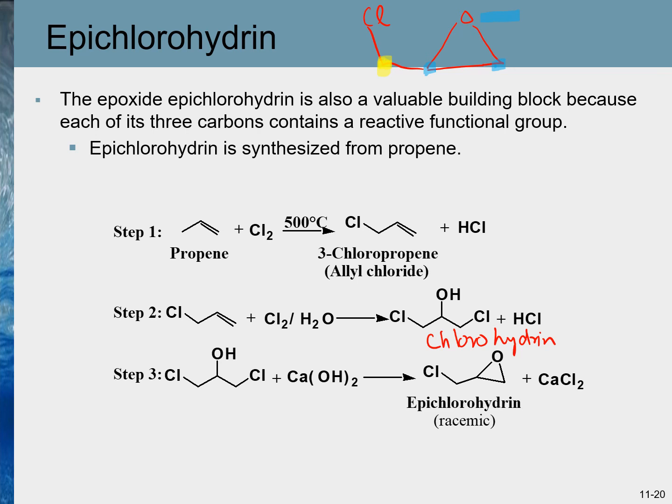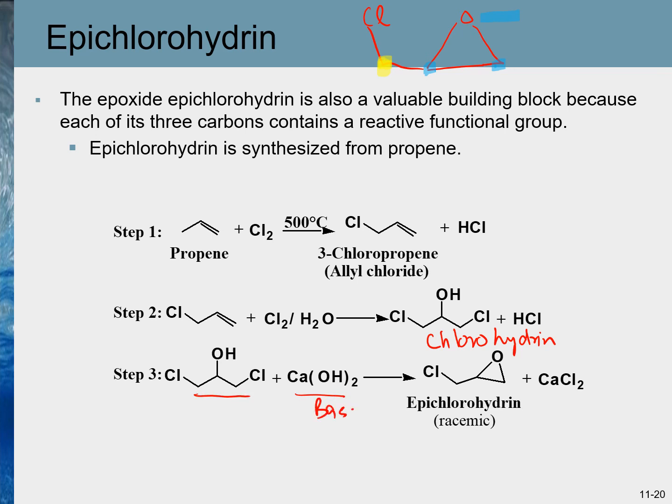When we react chlorohydrin with calcium hydroxide, we obtain epichlorohydrin. This reaction is an internal SN2 reaction.